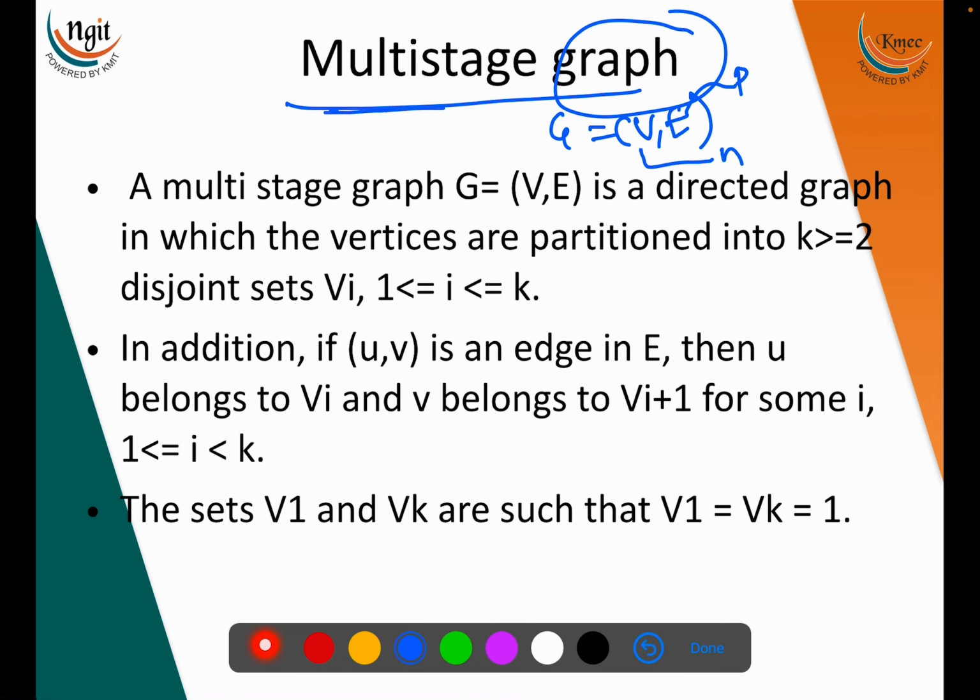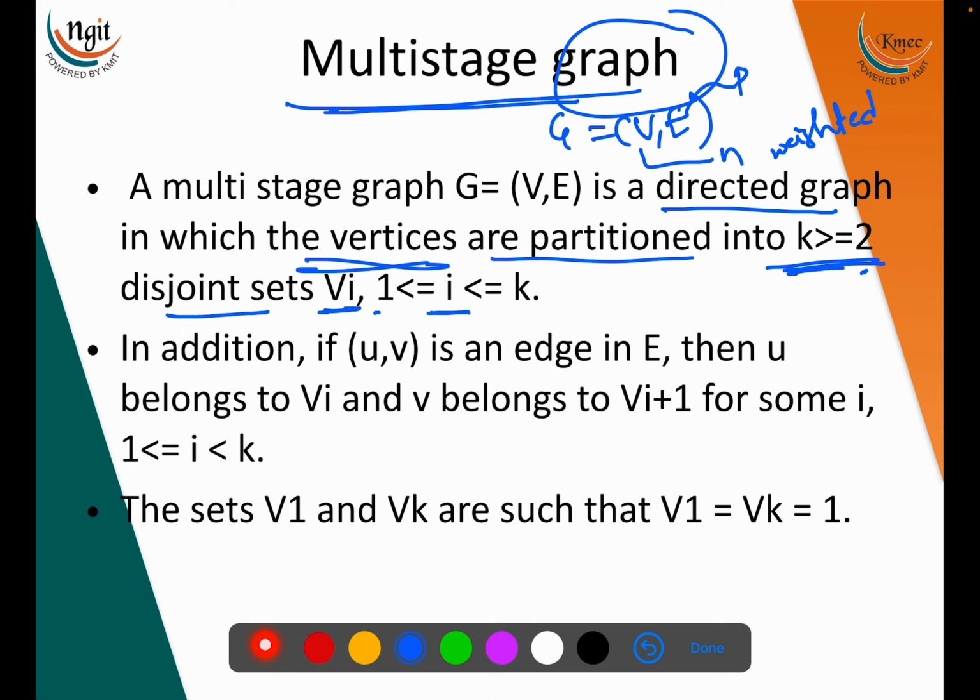A multi-stage graph is a directed graph, and it is also a weighted graph, in which the vertices are partitioned into k greater than or equal to 2 disjoint sets Vi, where i lies between 1 to k. In addition, if u comma v is an edge in E, then u belongs to Vi and v belongs to Vi plus 1 for some i, 1 less than or equal to i less than k.